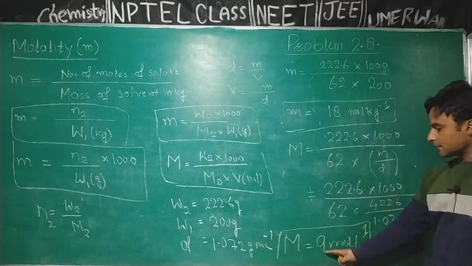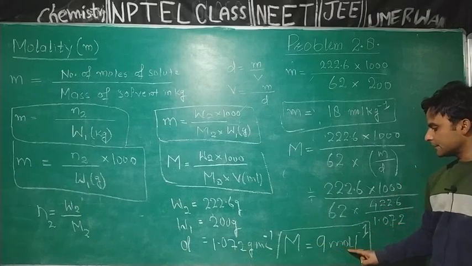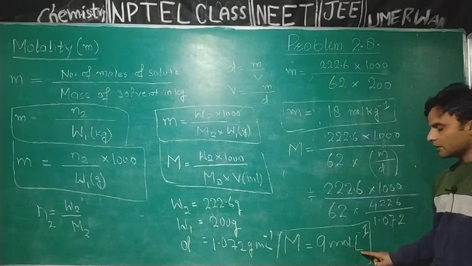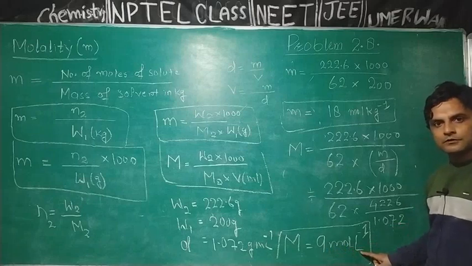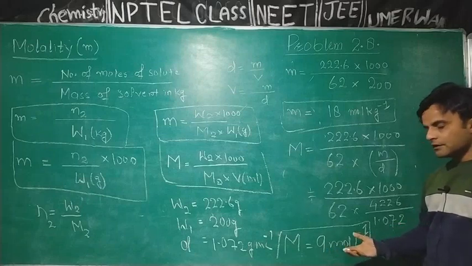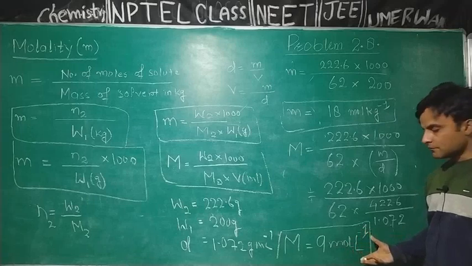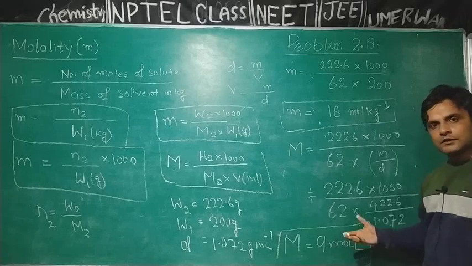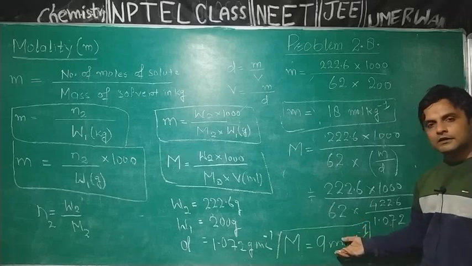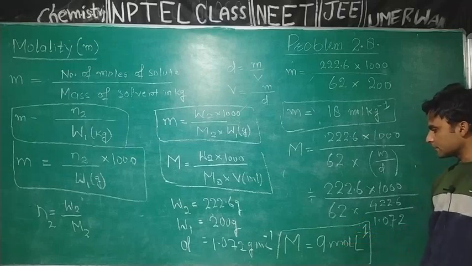This means that to prepare this solution, 9 moles of ethylene glycol ought to be dissolved in 1 liter of solution, or I may say 1 liter of this antifreeze solution will contain 9 moles of ethylene glycol.